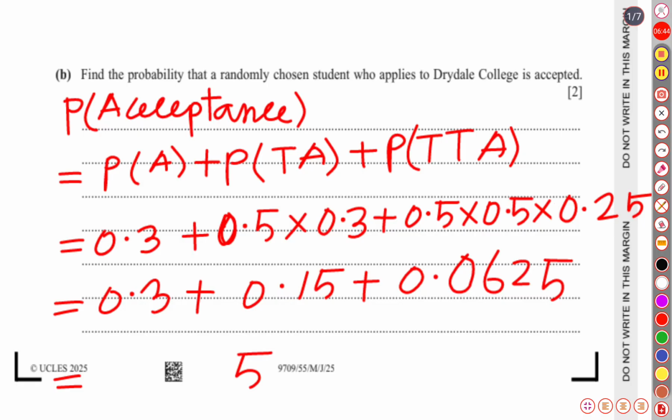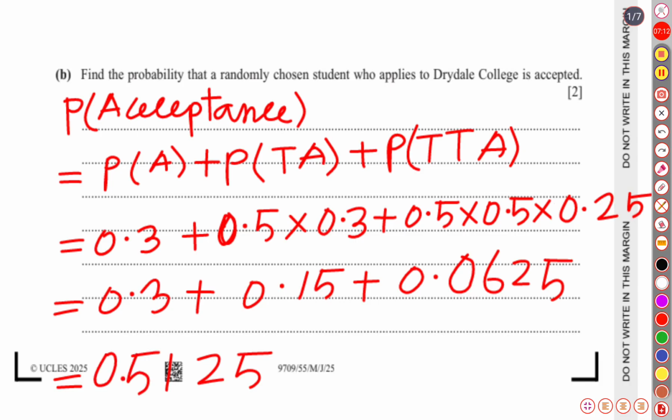Then the next digit is 2. After that there comes 6. Then 6 and 5, it's 11, so one is carried, so 0.5125.